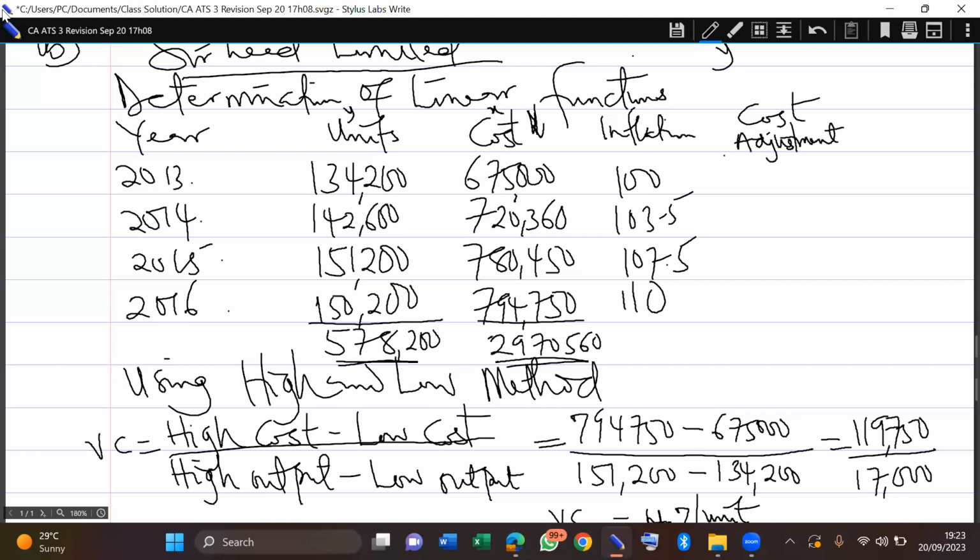This 100 is 100 over 100, which is 1. This is 1.035, so it should be 100 over 103.5. You now multiply it by the actual cost you have, 675,000. It will give you the new cost, 720.